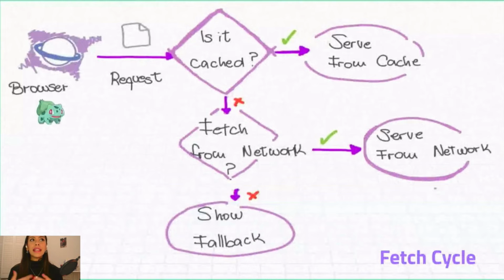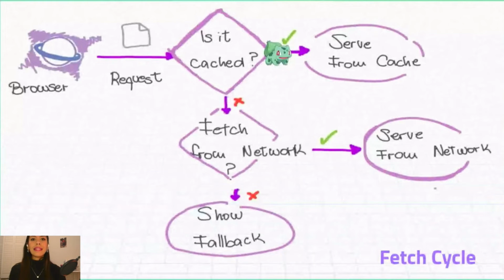And when it needs, let's say, an image or a file, it's going to check, okay, is this already in the cache? Is it cached? Let's check. If it's cached, what it will do is it's going to serve that image or that file from the cache.